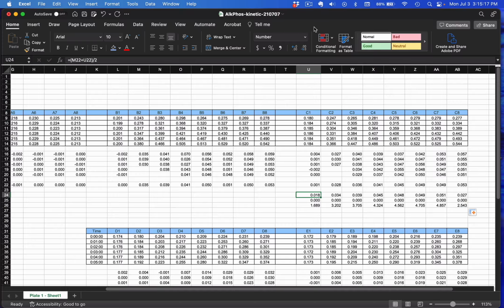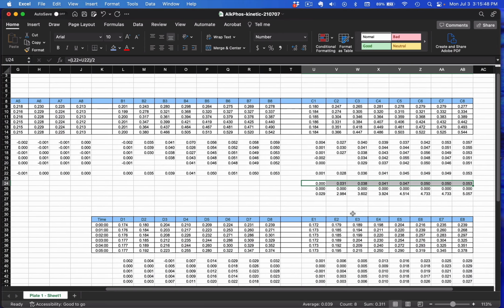And I actually see what I did. I need to fix this. This cell should be this one, not the one next to it. So we'll fix that, drag this across, and that should fix all our values. Okay, so now it's increasing with increasing substrate concentration.